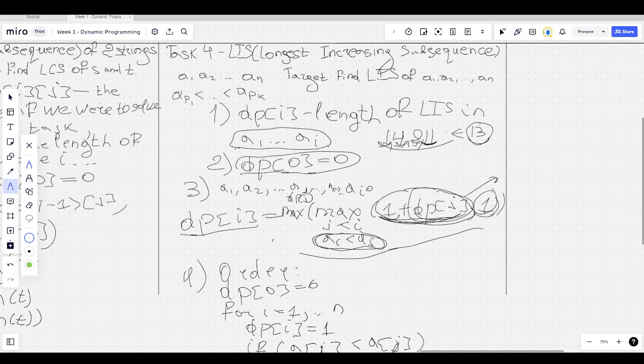We want to take this number. Once again, we take max over dp 1 to e minus 1, and we take it to the max if a g is less than a i.